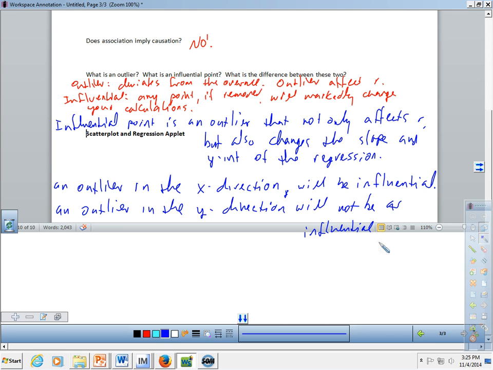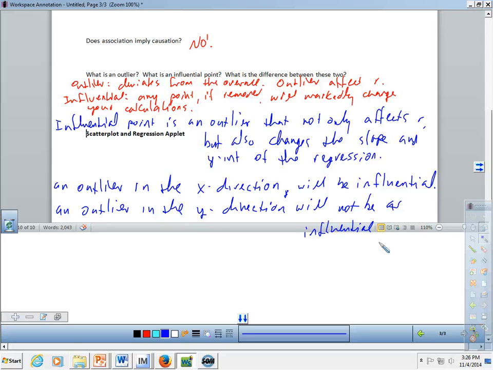And again, the difference is when you're considering an outlier, obviously it's going to affect R no matter where it is, although we could always investigate the fact that an outlier in the x direction will not affect R as much as an outlier in the y direction, but at any rate it will affect R. And then depending on where the outlier is, it could be an influential point.